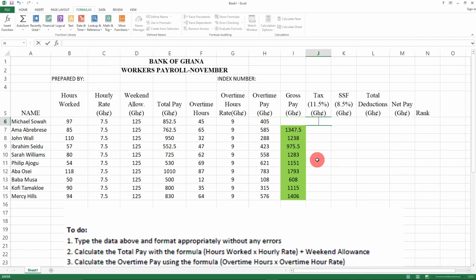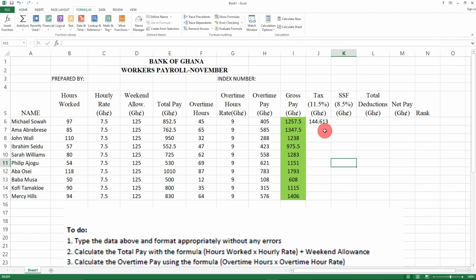If you want to use the second formula, it is under I. So let's do it for Michael Sowa. Equal, I6 times the 11.5, you close the brackets, divided by 100.